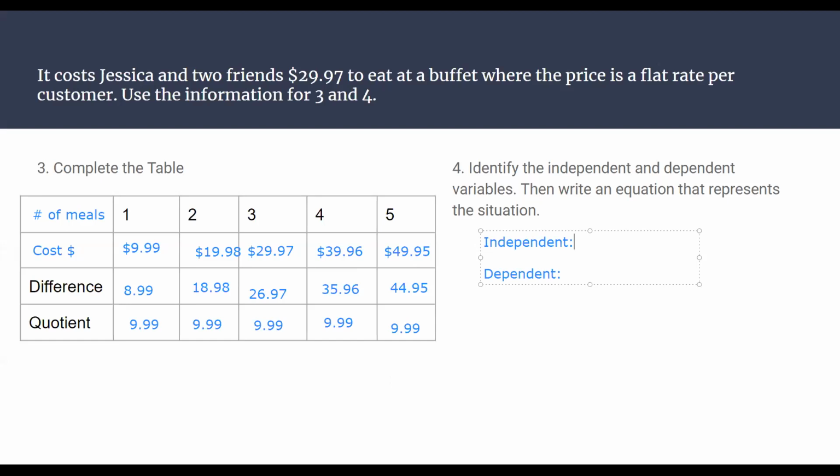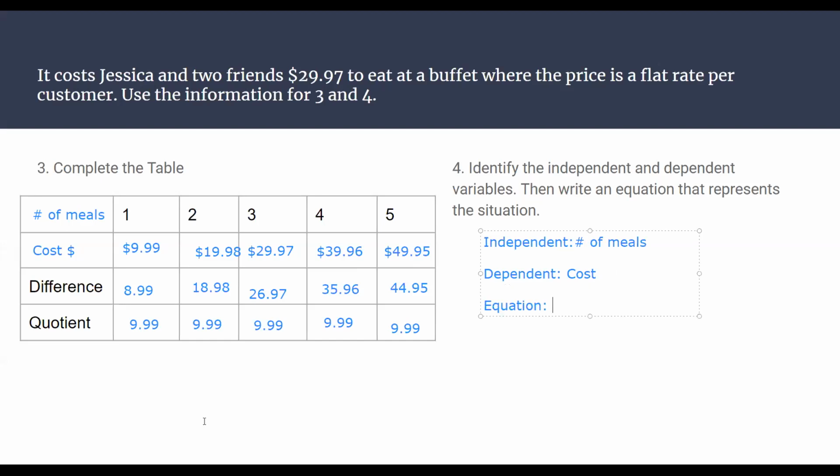What is changing is my cost of the meal. My total cost depends upon the number of meals that I'm buying. So my dependent is the cost, and my independent is the number of meals or number of people, however you wrote that out. And then I'm going to write my equation.